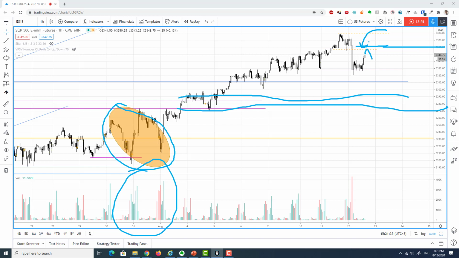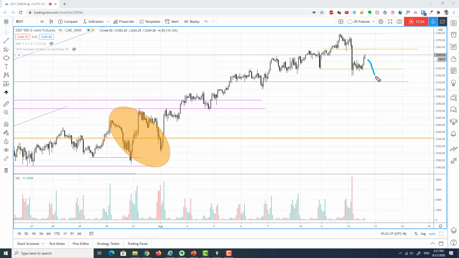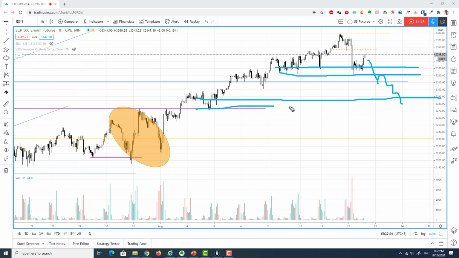Otherwise, if we have another attempt to come back and test this level, then I'm looking for some kind of rebounding signal. Else, if significant supply comes out with a continuation to the downside, then we could expect the price to at least test this supporting area near 32.70 to 32.85.